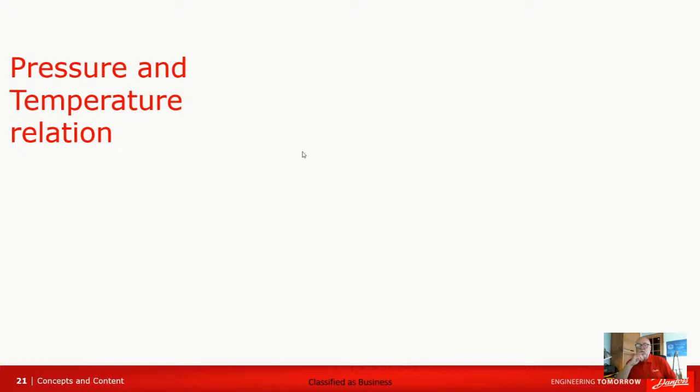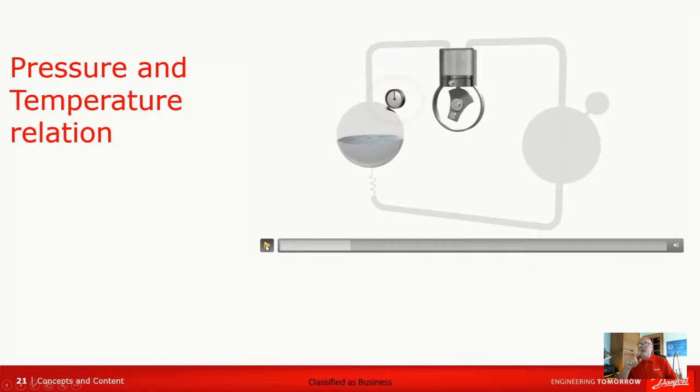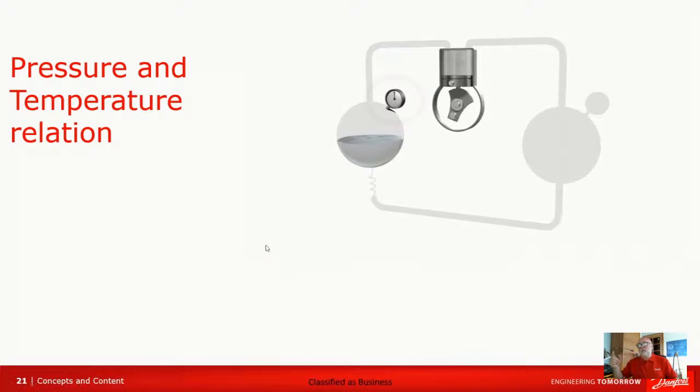And that is actually where the trick with refrigeration is, that we are controlling the pressure. It would not be correct to say that we're not controlling the temperature, because we are. But you could say we are controlling the temperature by controlling the pressure.